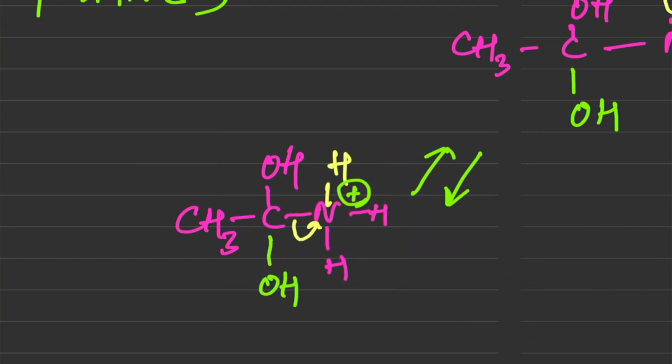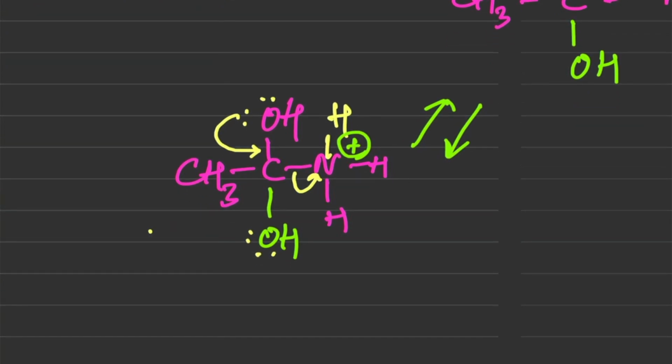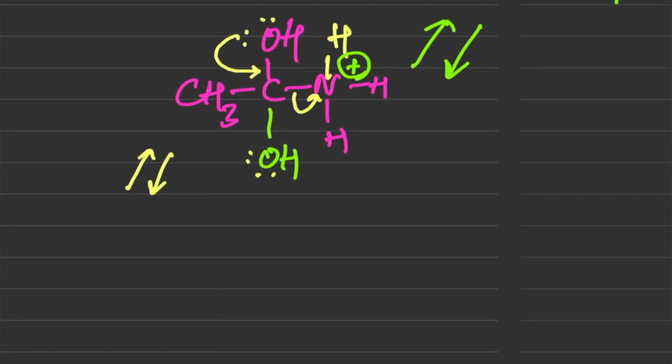So what we did here is we neutralized the positive charge on nitrogen. Simultaneously, one of the oxygens, again, either one can do it, provides the electrons. So what you will get is CF3COH.